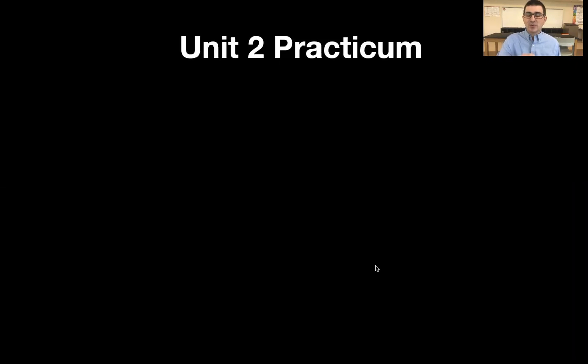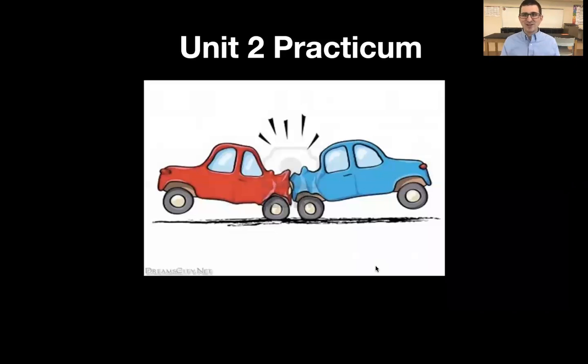About the practicum in particular, it's a fun practicum that involves taking two cars and crashing them into each other and seeing where they crash. For this practicum, you will be given two cars. I often do a red car and a blue car, but we might have to mix it up a little bit this year since we have so many groups.